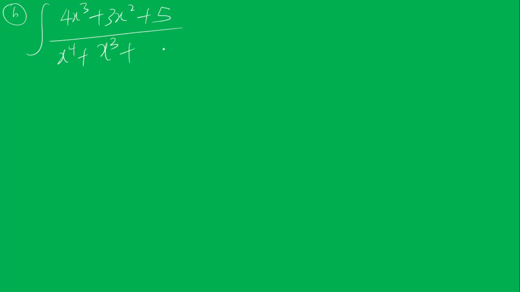Now the next question, which is b: the integral of 4x power 3 plus 3x power 2 plus 5 divided by x to power 4 plus x to power 3 plus 5x plus 2 dx.